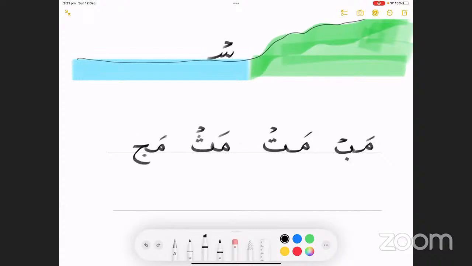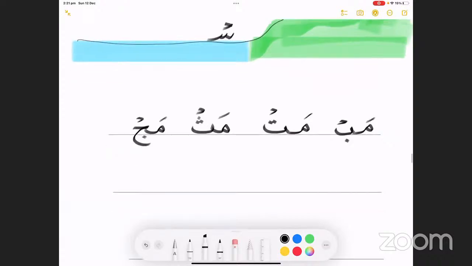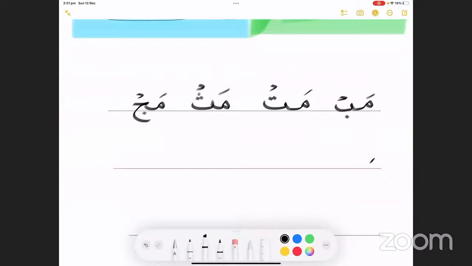I'm not saying j, I'm not saying g, I'm not saying ju, I'm just saying j, maj. Meem fatha, ha sukun, mah. Meem fatha, kha sukun, mah.